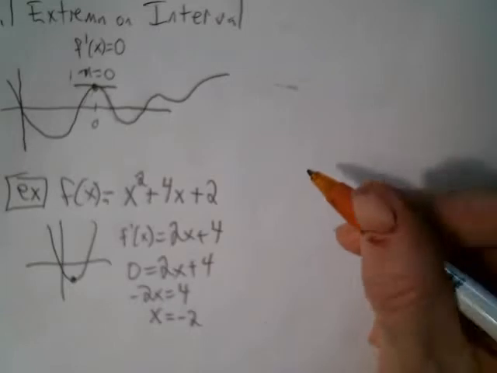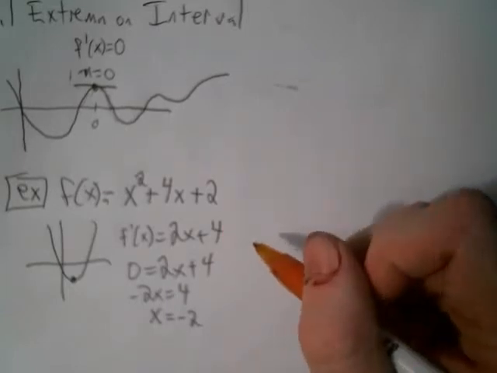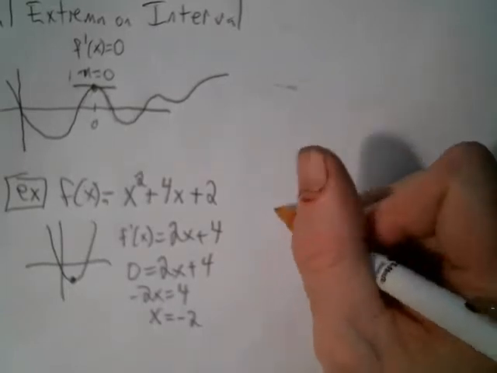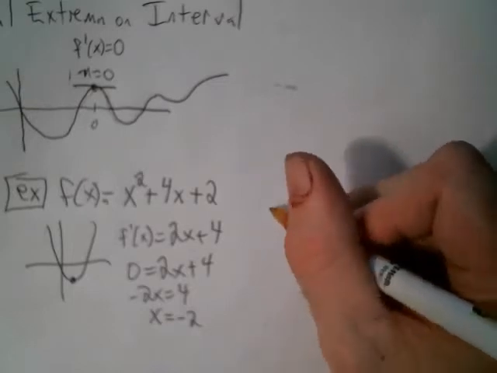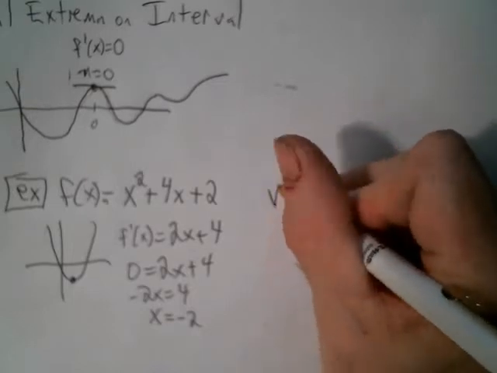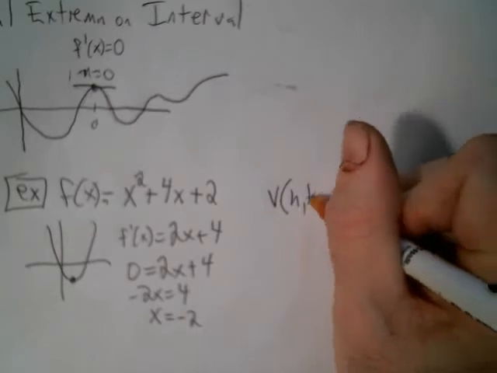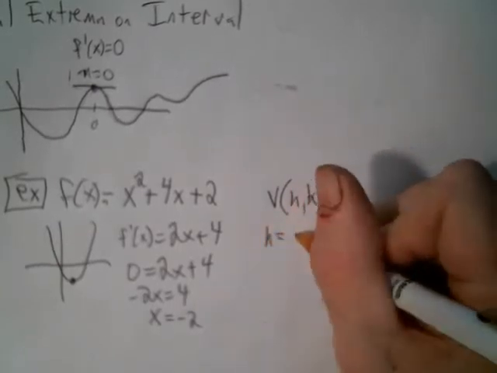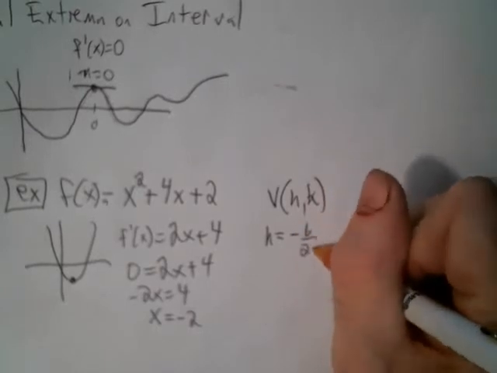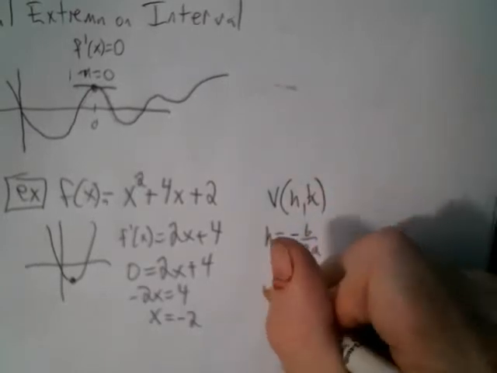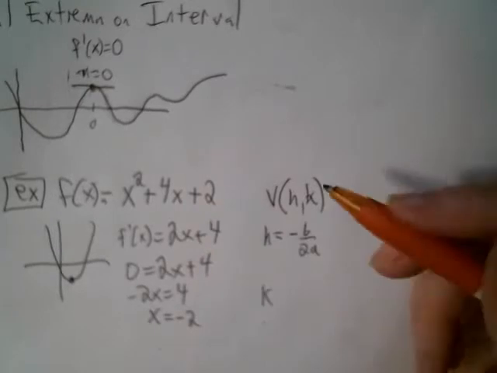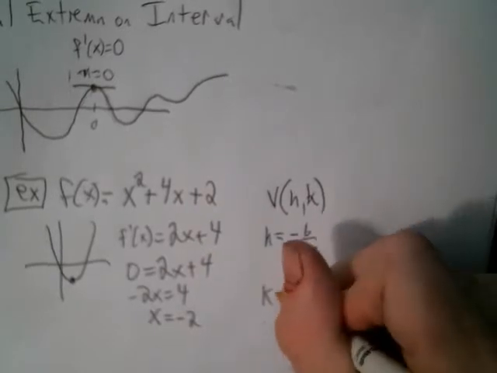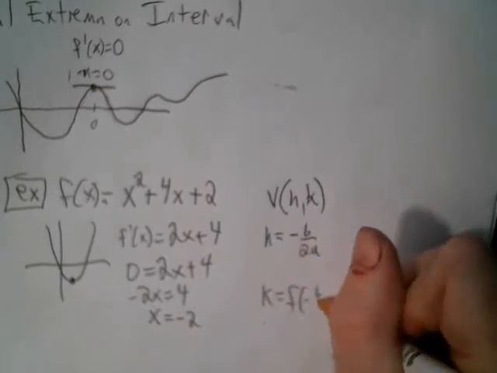Now, they punished you back in pre-algebra, forcing you to memorize those formulas for the vertex. So what did we say the formula was? If you have a vertex h comma k, the h-coordinate, the x-coordinate, would be negative b all over 2a. And then to get the k-coordinate, we just plug that back into the original function, so this is f of negative b over 2a.